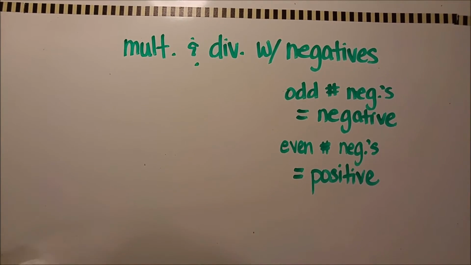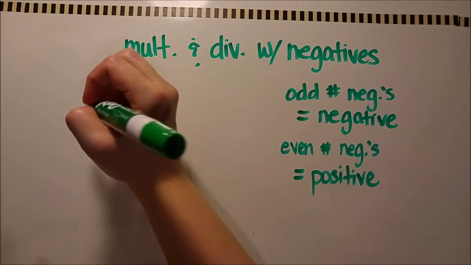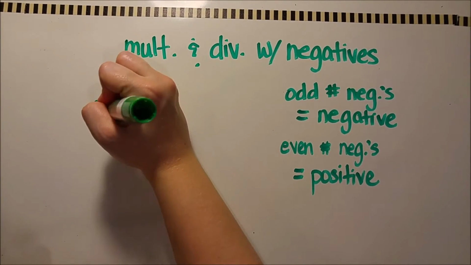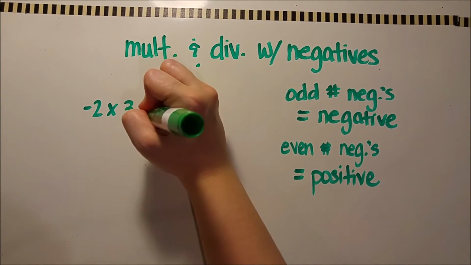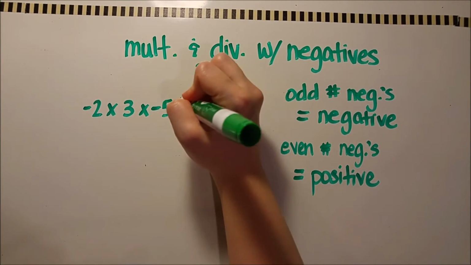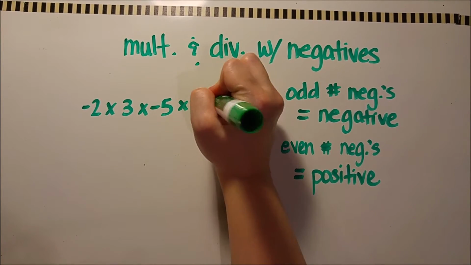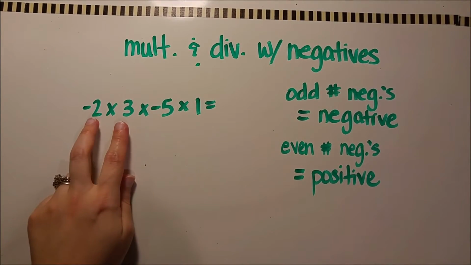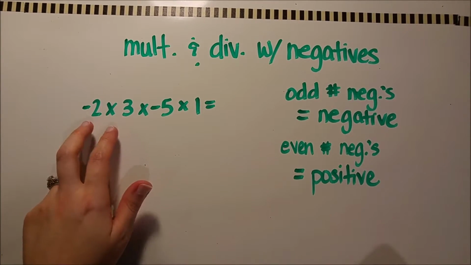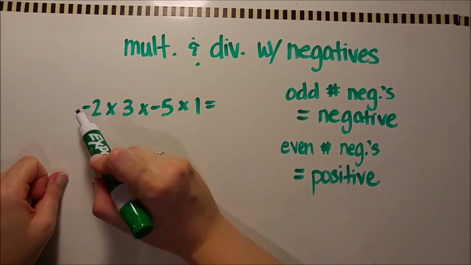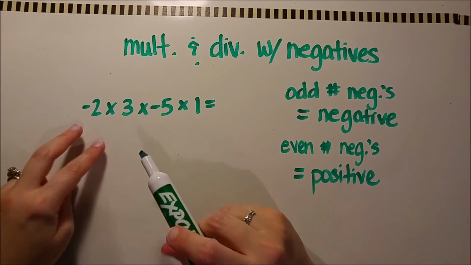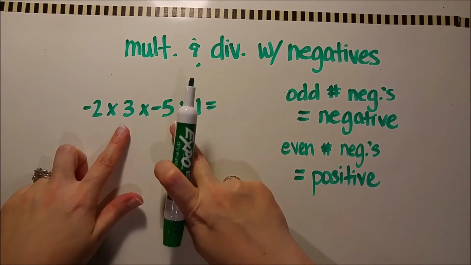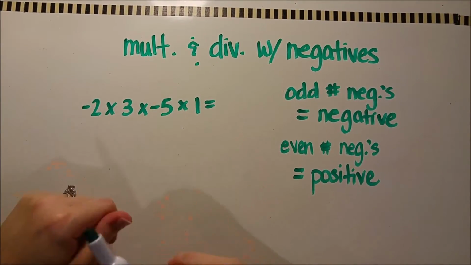Okay, so this also works if you have more than one number being multiplied together or divided or any combination. Okay, you just count up your negatives. -2 times 3 times -5 times 1. Ignore your negatives for a minute. This is your shortcut. We could do piece by piece, this, see if it's positive or negative, then the next one, see if it's positive or negative, okay?